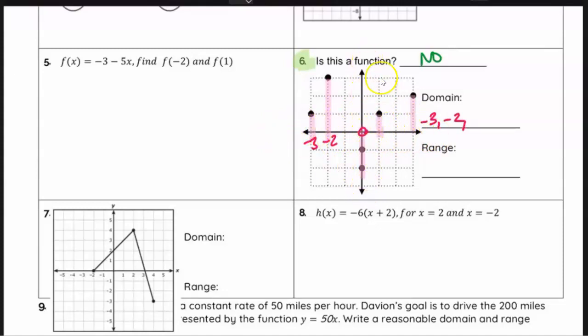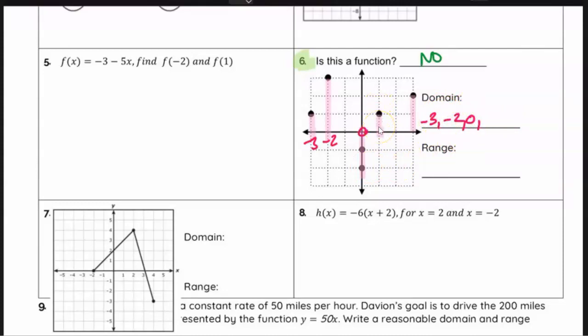Now, a lot of students will often forget to check the points that are on the axes. Sometimes it's easy to miss, but don't forget to check here. Also, be careful. Your domain will not be -1 and -2. Those are your y values. Your x values on the x coordinate are 0, which makes sense. This is (0, -1) and (0, -2). You're only writing x values for a domain.